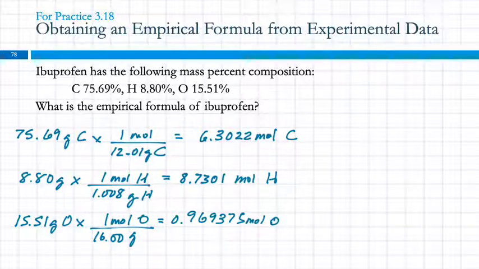Anybody check me? Did I do it correctly? Okay. So I got these weird numbers. What do I do next? Divide by the smallest. Okay. The hardest thing about doing these problems is not the individual steps. It's remembering, what am I supposed to do next? So I'm going to divide by the smallest.